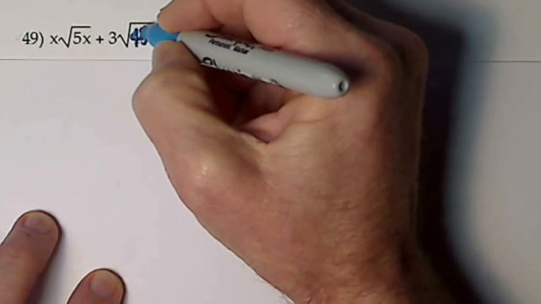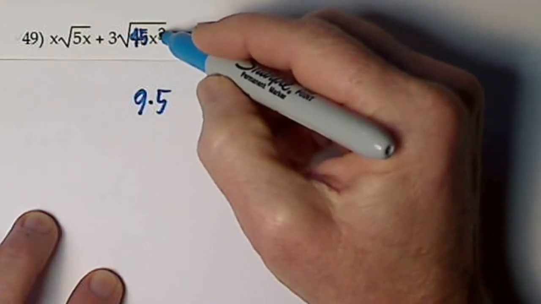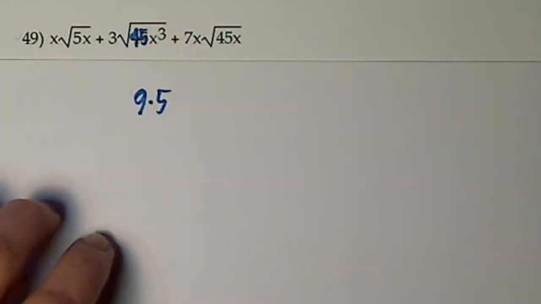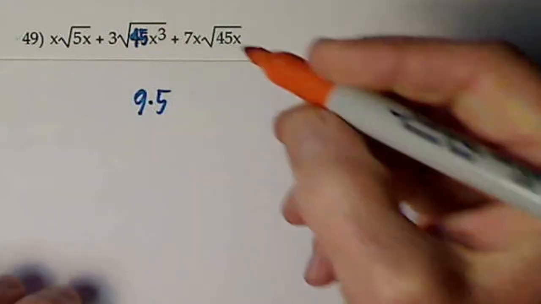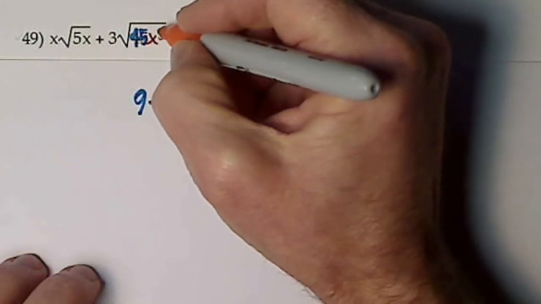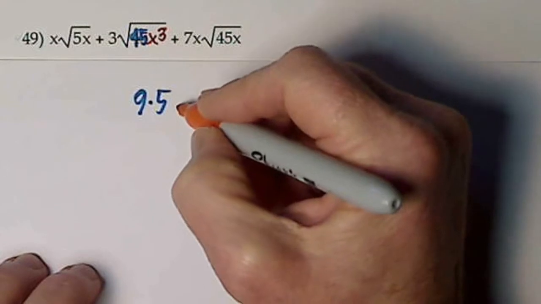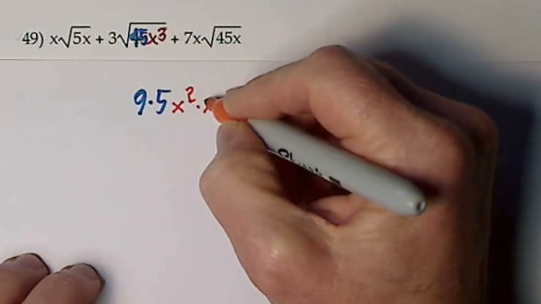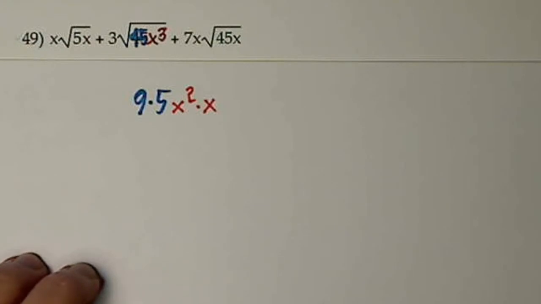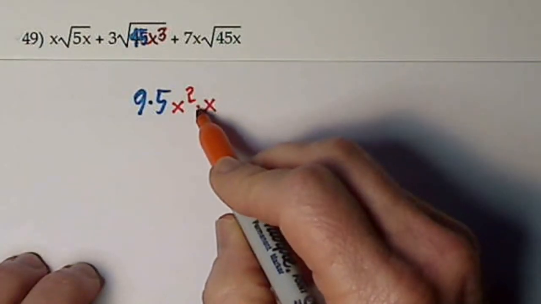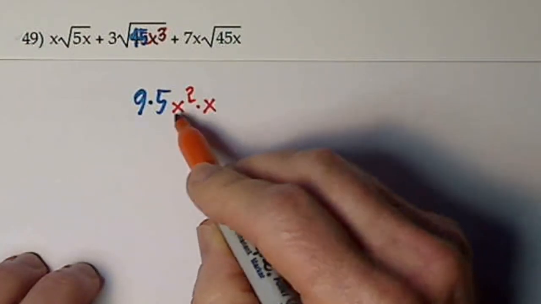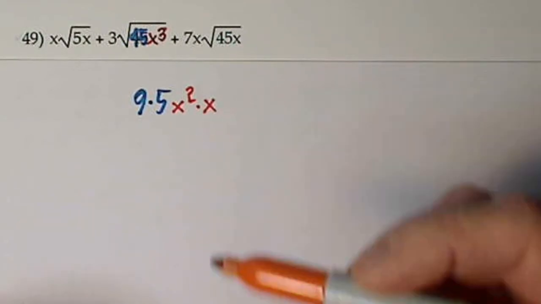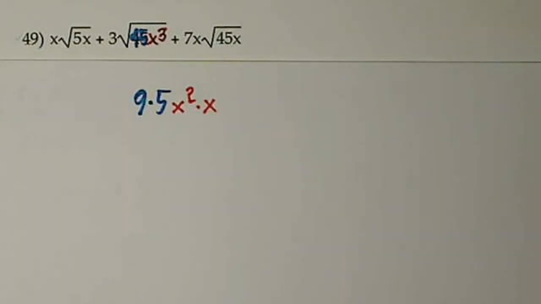Okay, all I did was rewrite it. And x to the third, I can rewrite x to the third as x squared times x. Again, I don't need this dot here because a variable next to a variable means to multiply. I guess I just put it in there for emphasis.